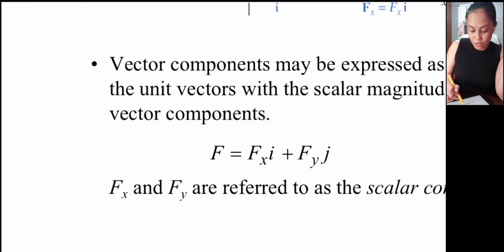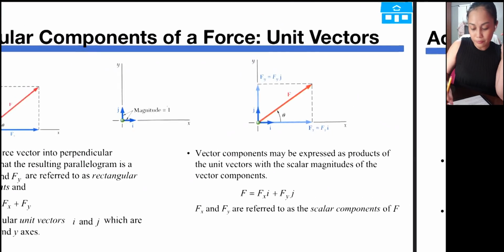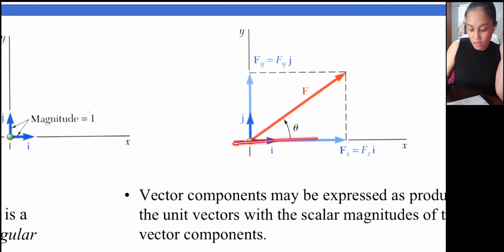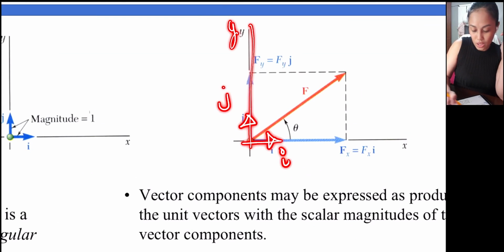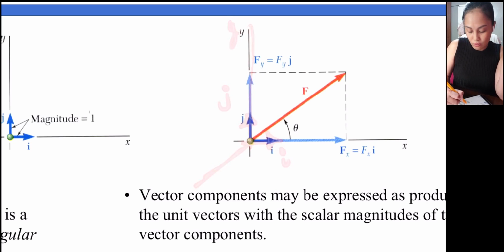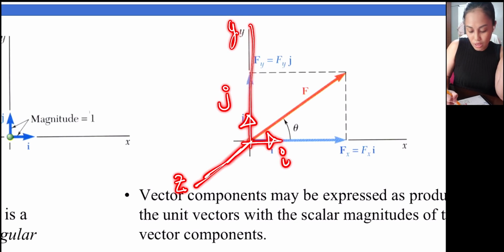So again, force F is equal to Fx times its unit vector plus Fy times its unit vector along the y-axis. Along x, if you remember, the x-axis has unit vector i. The y-axis has unit vector j. What if it is three-dimensional? If this is the z-axis, the unit vector is k.